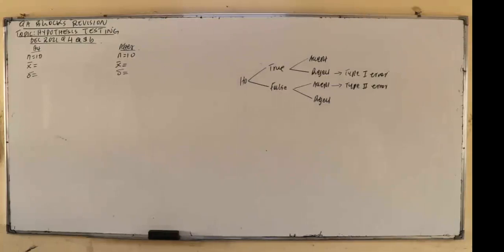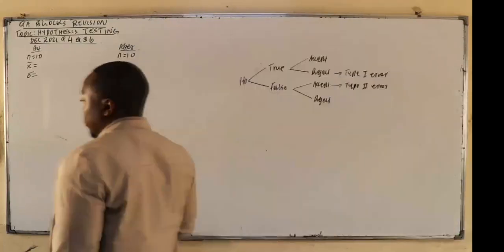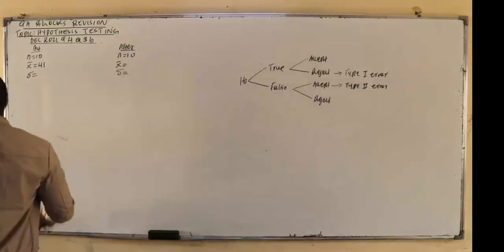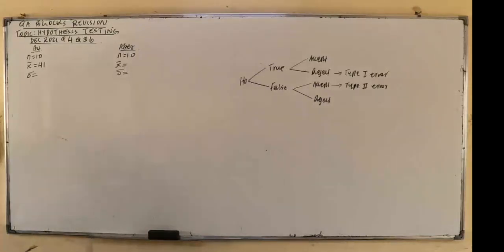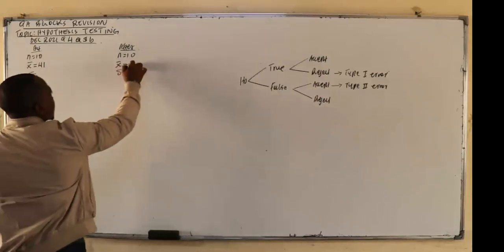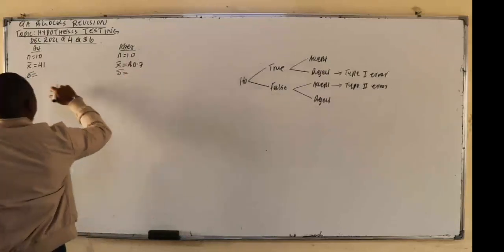And how much is the average? 41. Now do the same for after. Add the total. 40.7.